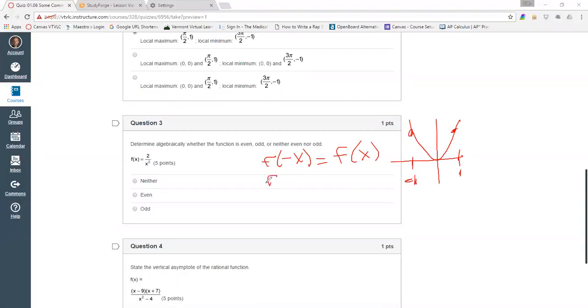If it's an odd function, I get some sign change going on, like x cubed, right? So for this one, I'm going to drop in f of negative x into 2 over negative x squared. And of course, when you square a negative, it turns positive. So I'm going to get the exact same thing out. So I believe that is an even function.